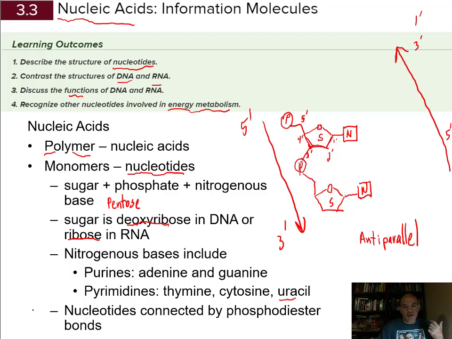Uracil is found only in RNA, and thymine is found only in DNA. So this one is DNA only, and this one is RNA only, and the others are found in both. Okay, so let's write only and only. And sometimes we just refer to them as A and T and C and G and U.